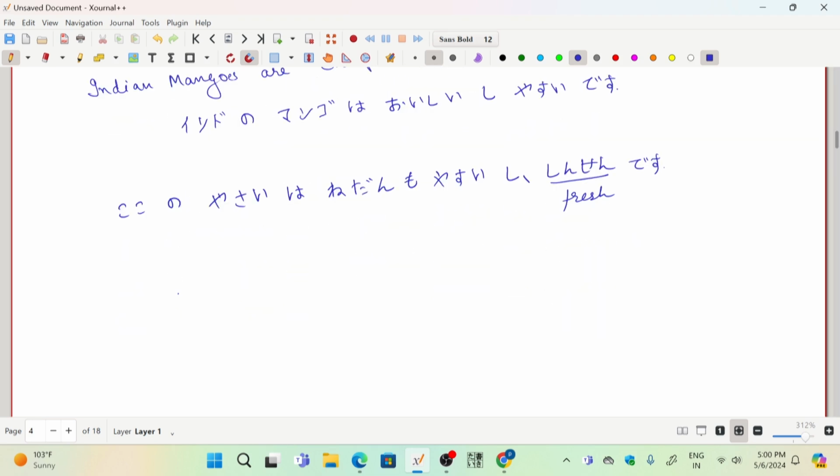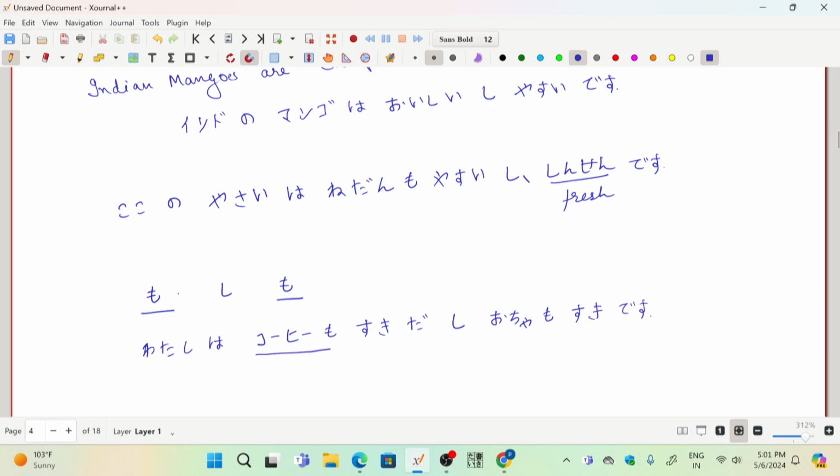Or we can say this pattern is also used as mo, shi, mo. So both the subjects can take mo particle instead of wa particle. So you can say watashi wa kohi mo suki da shi ocha mo suki desu.